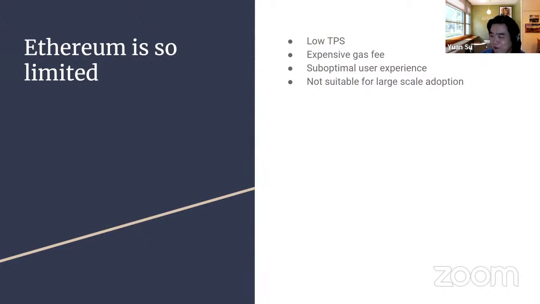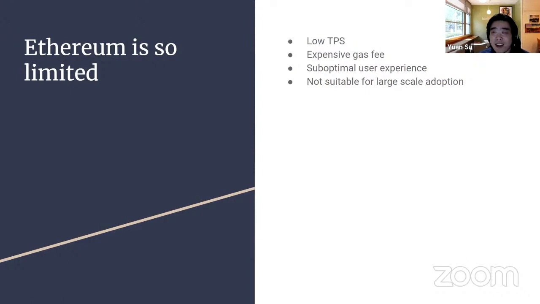And I think everyone remembers CryptoKitties, right? When it was first introduced, it was so popular. It was an NFT game. It was so popular that it basically congested the network. The network couldn't handle that number of transactions anymore, simply because the throughput is so low.